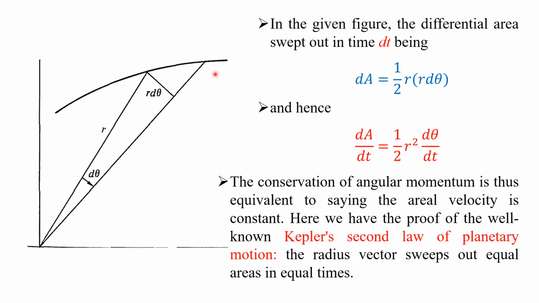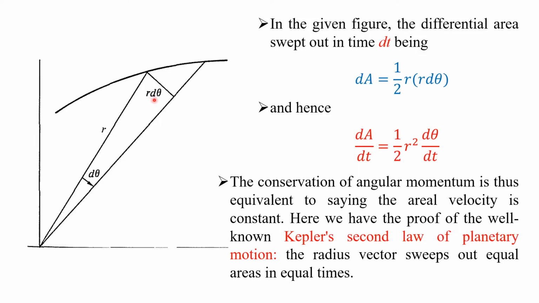In the given figure, you can see the differential area swept out in time dt, being the small area dA, is equal to length, the radial distance r, into breadth.